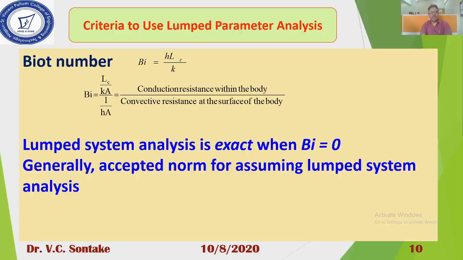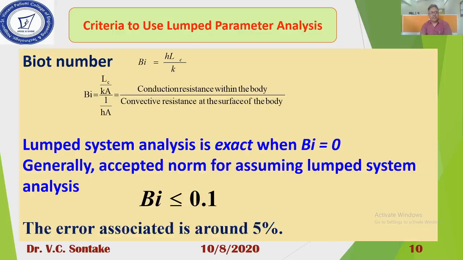So the most accepted practical condition for using lumped system analysis is if the Biot number is less than or equal to 0.1; we can confidently and satisfactorily use lumped parameter analysis to find the variation of temperature with respect to the surrounding.